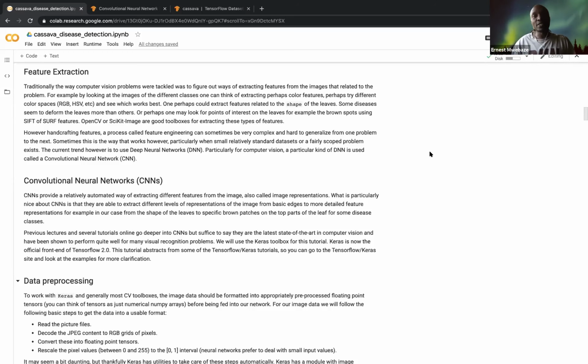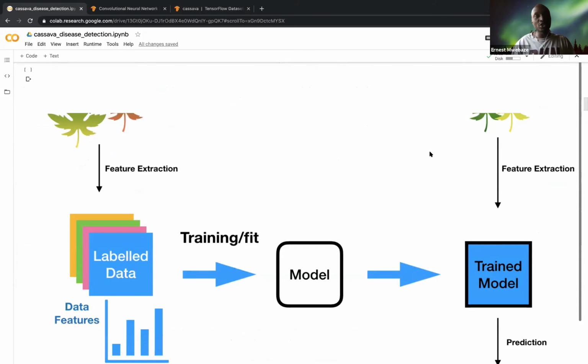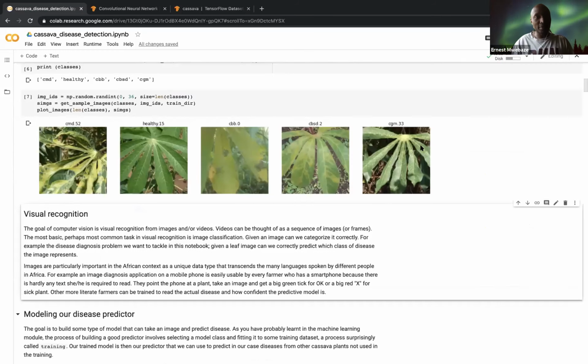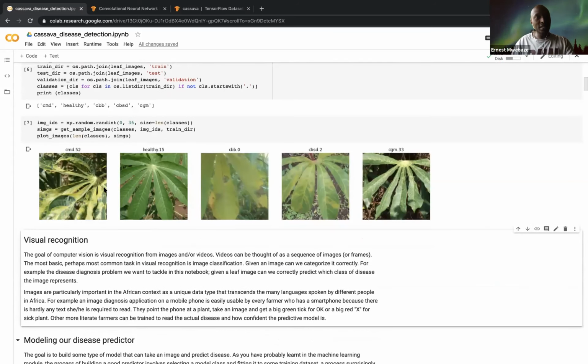The problem is that computer vision looks at pixels. You can imagine these images here are maybe 300 by 300, so that's 300 times 300 pixels, maybe 90,000 pixels. You need to look at different things related to one image, so if you have to do any computation over the pixels, it's going to be very expensive.